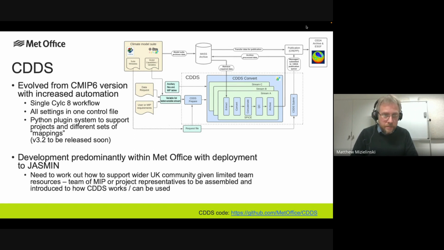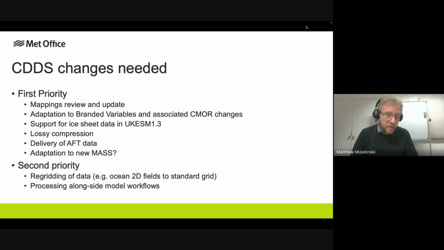Next slide, please. Some of the changes that are coming up. So first priority, we need to get the mappings up to date for CMIP7 as the variable definitions change and adapt to branded variables, add in support for ice sheet data in UKESM 1.3, and try and implement some lossy compression to reduce the amount of data we are producing.